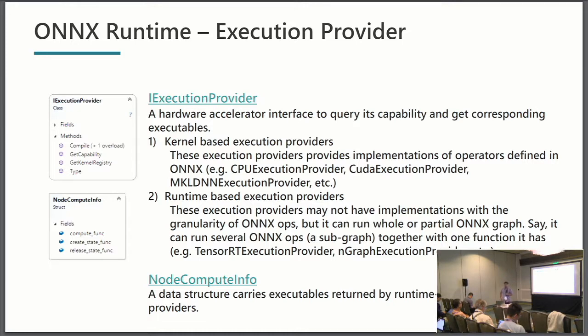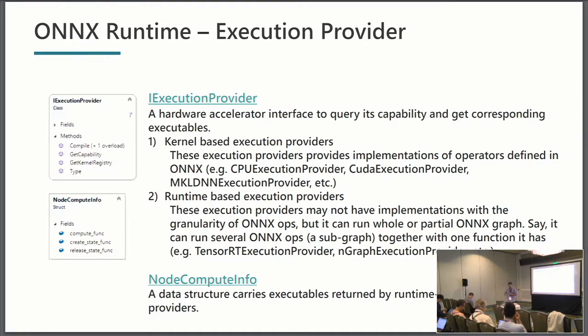Okay, now for the execution provider, it is a hardware accelerator interface to query its capability and get corresponding executables. For now, we defined two categories. One is called kernel-based execution providers. For example, CPU execution provider, CUDA EP, or MKLDNN EP. These EPs provide implementations of operators defined in the ONNX spec. Second is runtime-based EP.